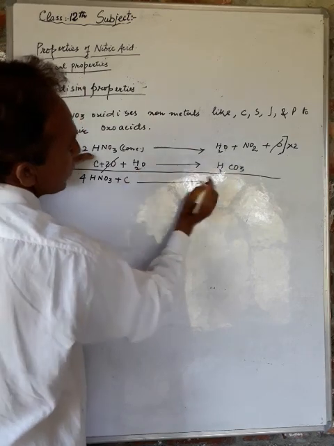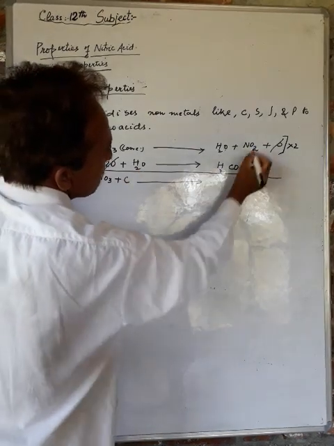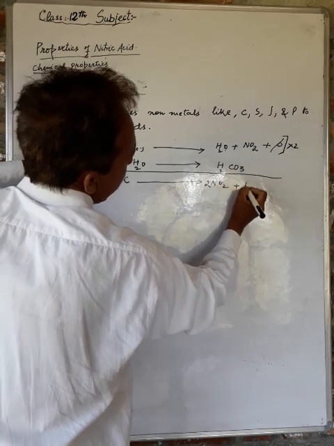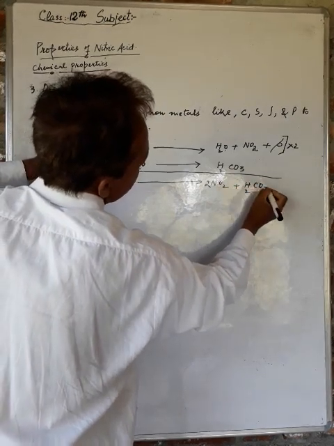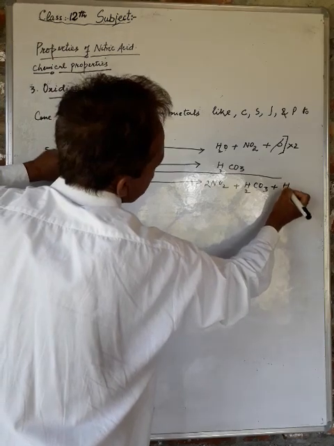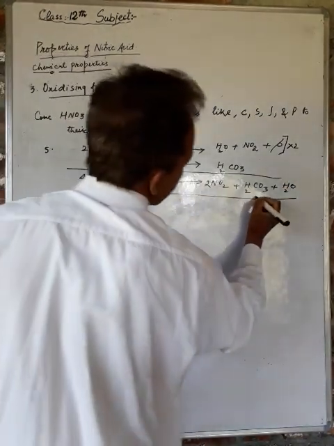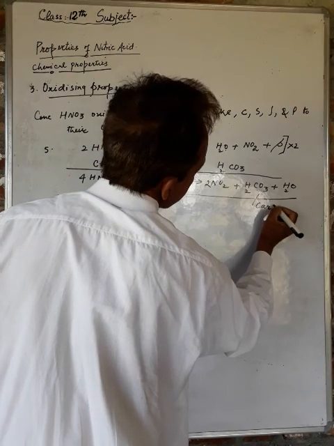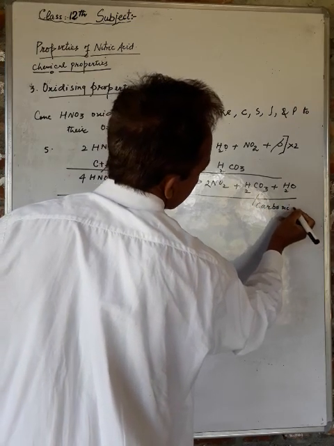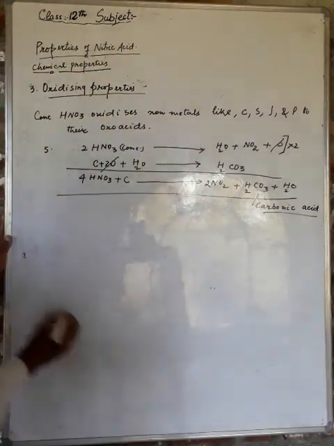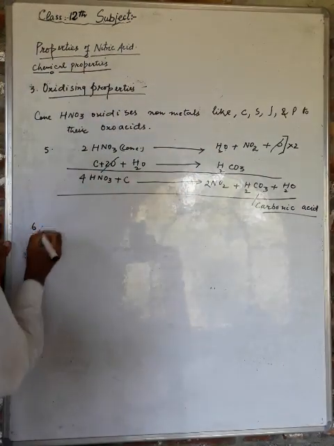One will cancel, so 1 water will remain here. Twice NO2 plus H2CO3 and we will write 1 times water. And this is carbonic acid. Number 6.